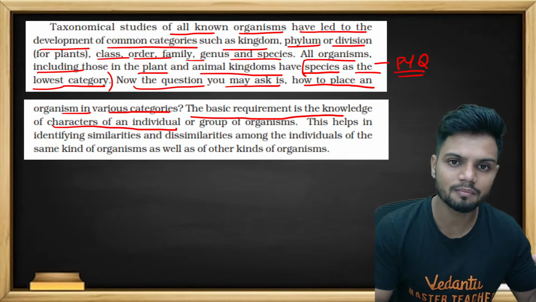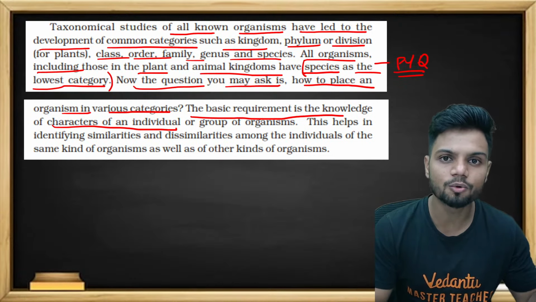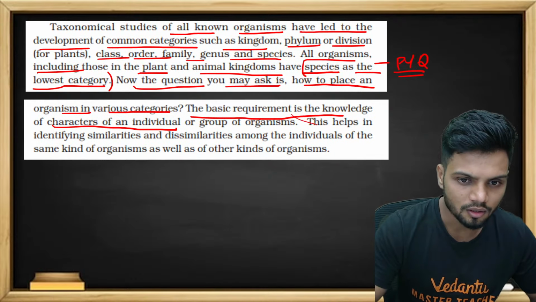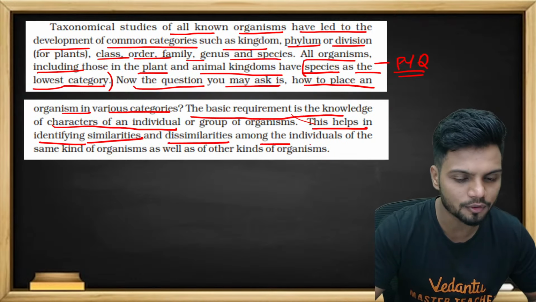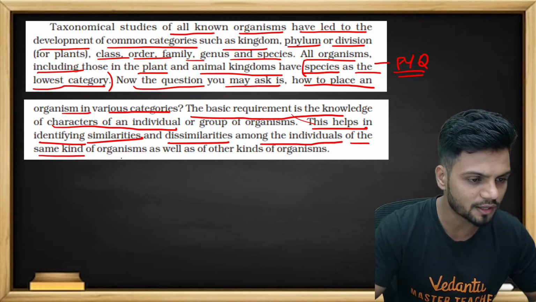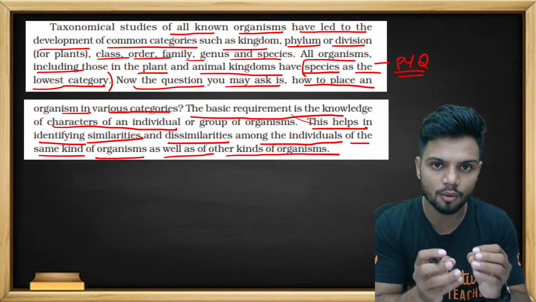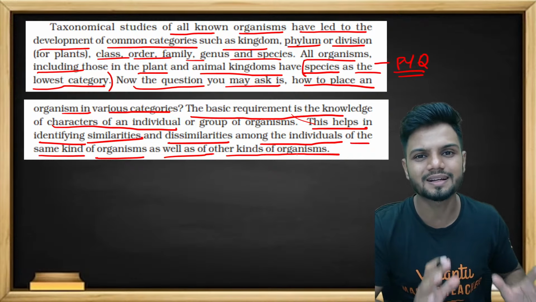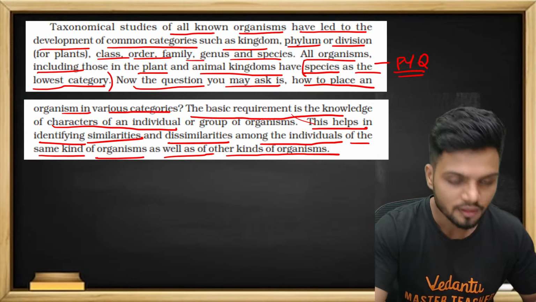If you want to place Mangifera indica, mango, into Anacardiaceae, you should know the common features, right? Now, this helps in identifying the similarities and dissimilarities among individuals of the same kind of organisms as well as other kinds of organisms. So, you should know the common features. Then only you can place one organism in one particular rank or taxon.